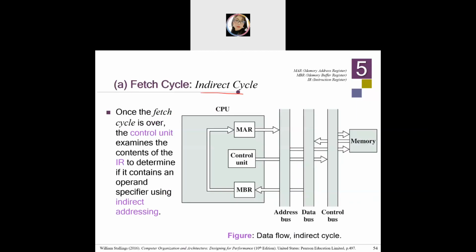Now let's see our fetch cycle, still similar, but now we have the indirect cycle. The only difference is that you do not have the IR and also the PC. Once the fetch cycle is over, the control unit examines the content of the IR just now.